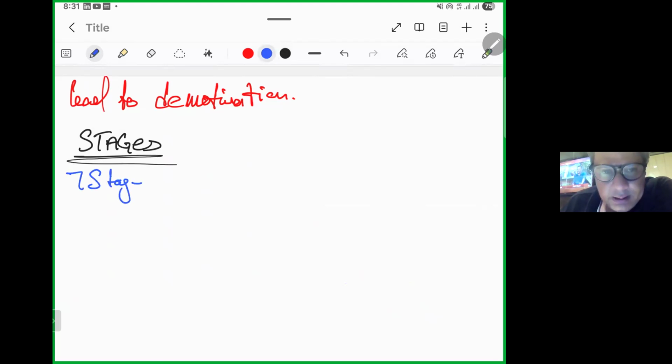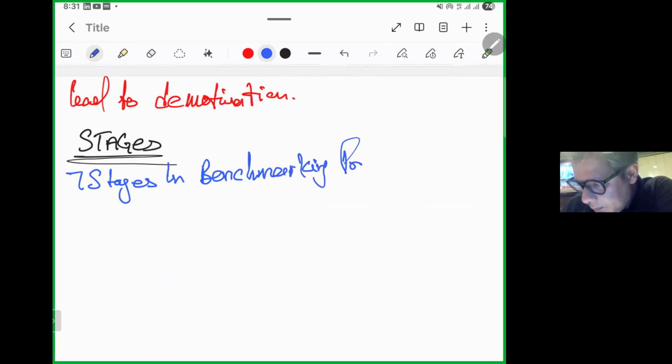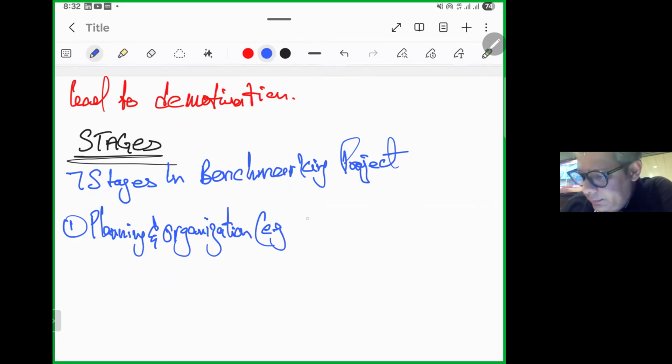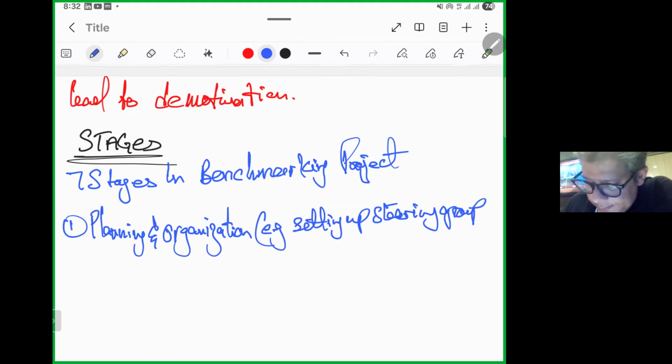Planning and organization, number one: setting up a steering group, and setting aims and objectives.